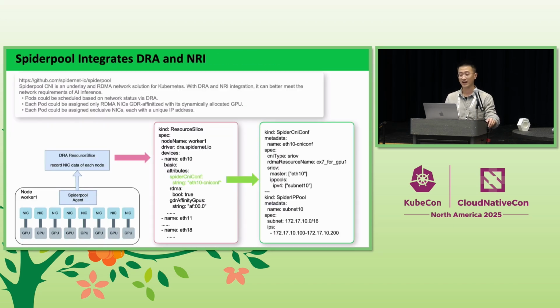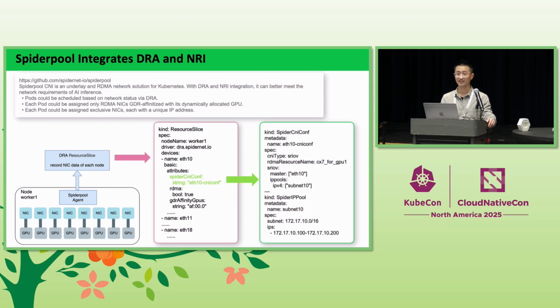Spiderpool is a CNI plugin that provides CNI functionality. It enables networking for containers, particularly for RDMA network interfaces. In its latest version, it implements DRA and NRI capability, allowing it to better meet the networking requirements of AI inference, as mentioned in the previous slide.